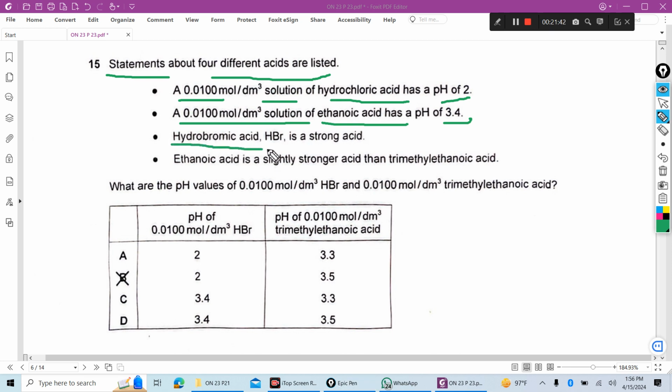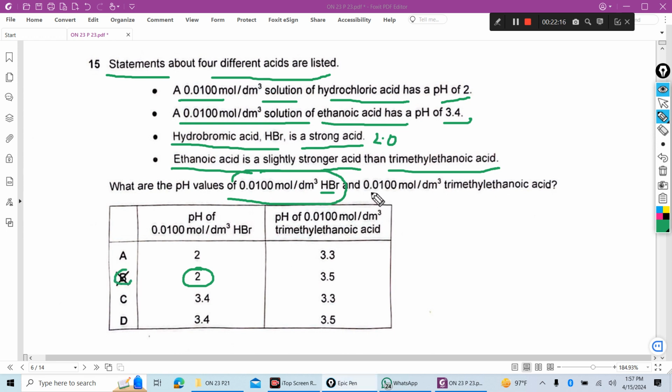Now hydrobromic acid is also a strong acid, pH will be 2. Ethanoic acid is a slightly stronger acid than trimethyl ethanoic acid. So trimethyl ethanoic acid is a weaker acid than ethanoic acid. What are the pH values? 0.01 mole per dm cube hydrobromic acid is a strong acid, so pH will be 2. B is the right answer.